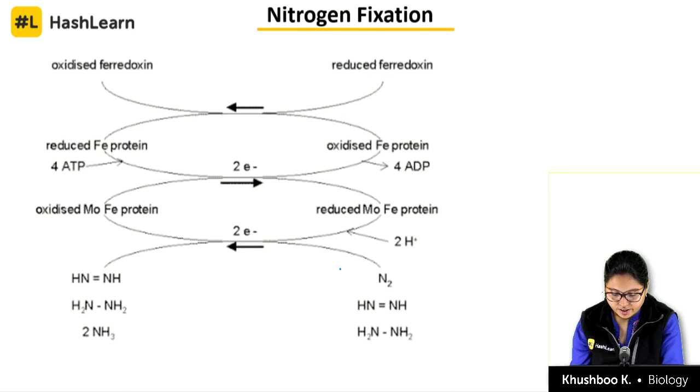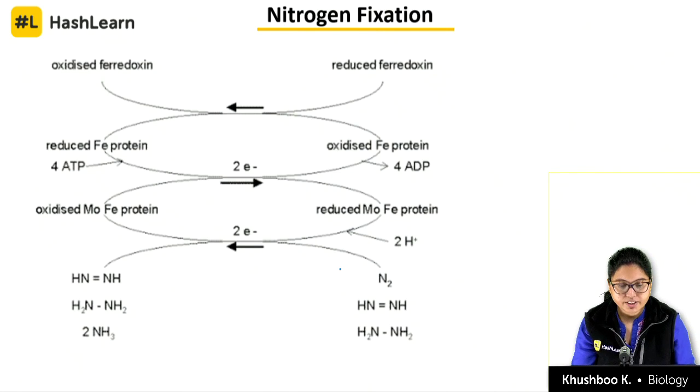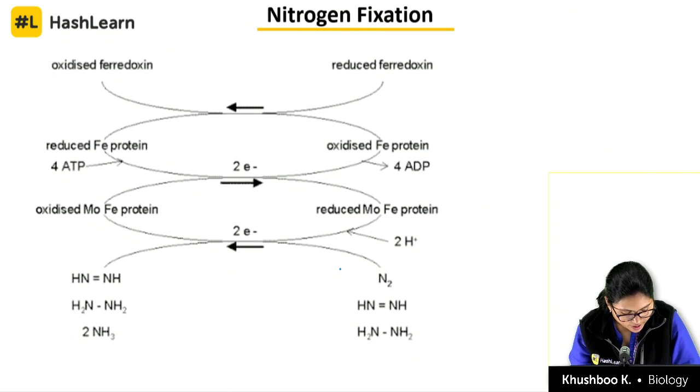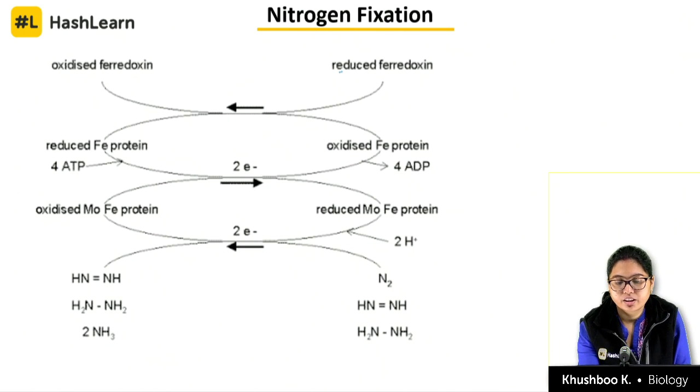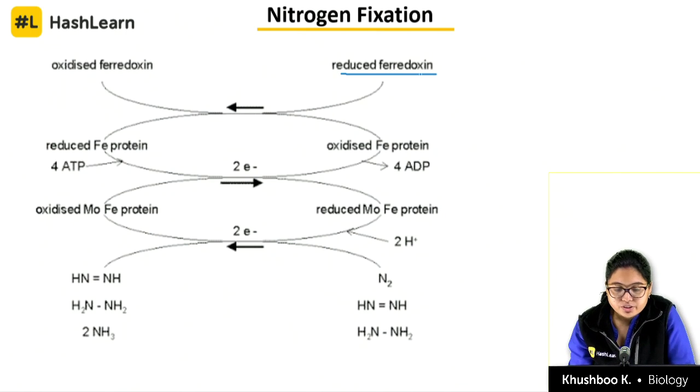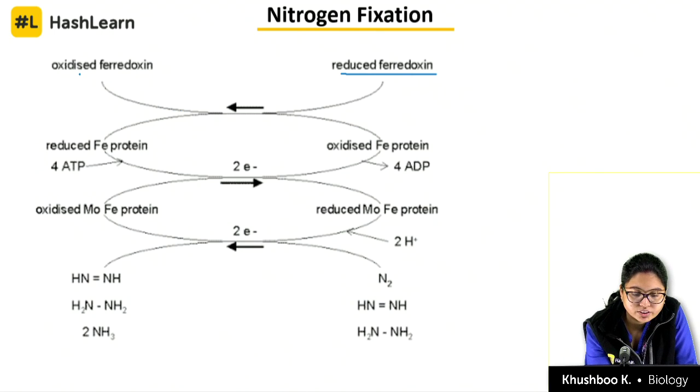So in this case, for the fixation of nitrogen, you need an electron carrier. First, you have the reduced ferredoxin, which is in the reduced condition, and that will get oxidized.